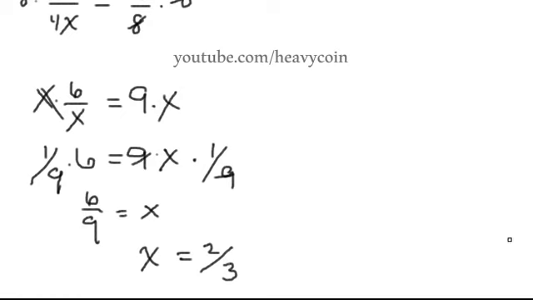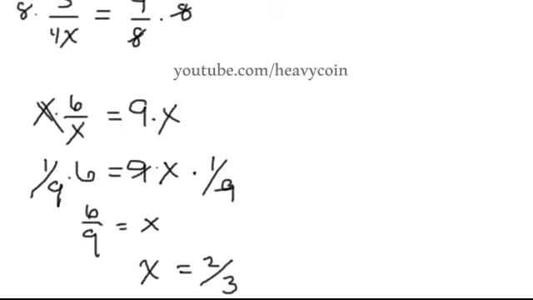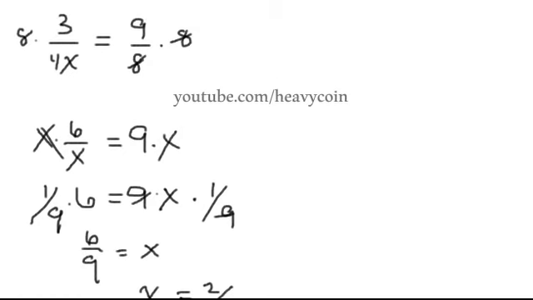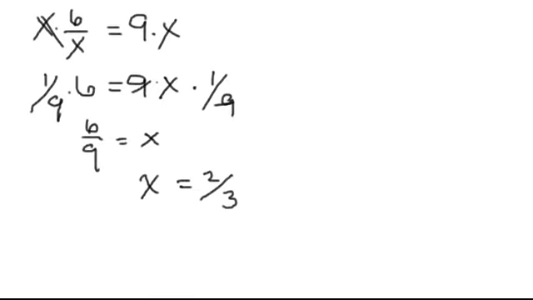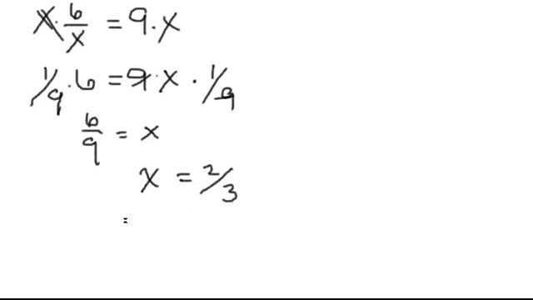Now a way to check this, and we're not going to do this every time, but you would go back. Let's just rewrite the original here: 3 over 4x is equal to 9 over 8. So you would take this 2/3 and plug it in for the x here.